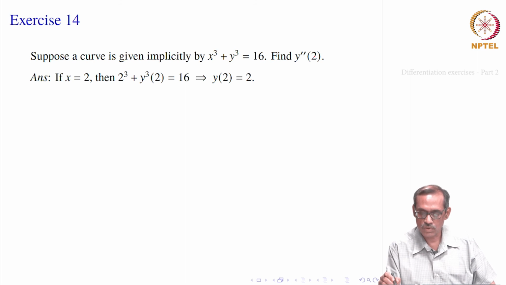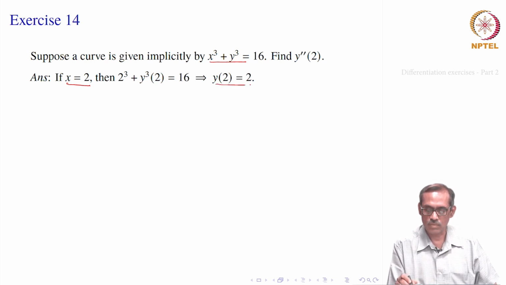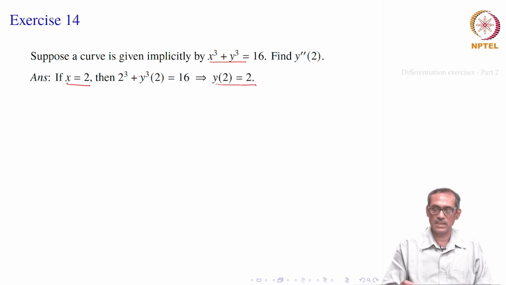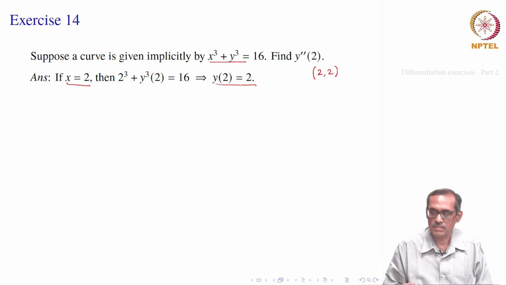So 2 must be on the curve, that is if x equal to 2, then what is y? If x equal to 2, then the equation says 2 cubed plus y(2) cubed is 16, so y(2) cubed is 16 minus 8 which is 8. So y(2) must be 2. That means we have the point, that point is really (2, 2) on the curve.